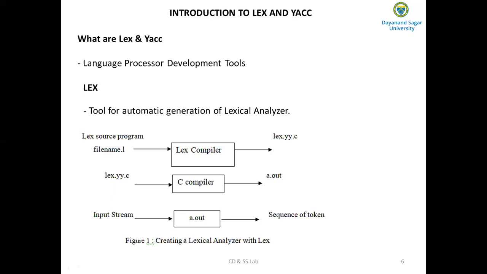Then that is run through a Lex compiler to produce lex.yy.c, and then this lex.yy.c is run through a C compiler to produce a.out, which is object code, which is nothing but the lexical analyzer. Then input is given to this lexical analyzer program, and it recognizes the tokens. The output will be a sequence of tokens.